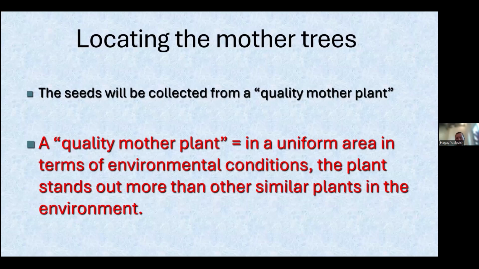It stands better against some bug or something. So this tree is better for you.